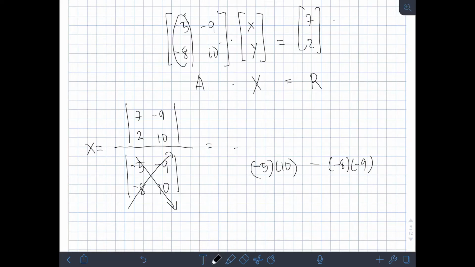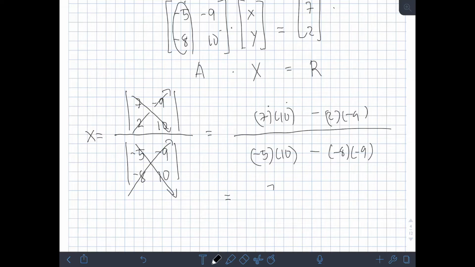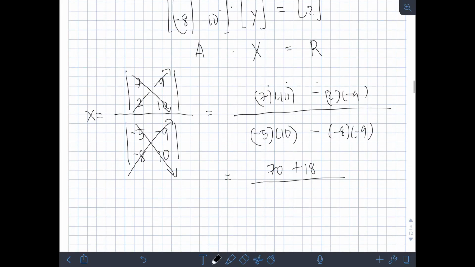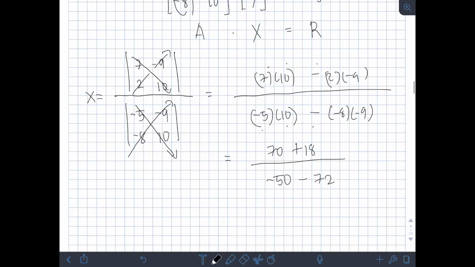Base sa video ko about determinants. Then, sa numerator, multiply natin to uli. So, 7 times 10 minus multiply natin ito. 2 times negative 9. So, simplify na lang natin. So, 7 times 10 is 70 minus 2 times negative 9. So, parang positive 18 over negative 5 times 10 is negative 50 minus negative 8 times negative 9 is parang negative 72.